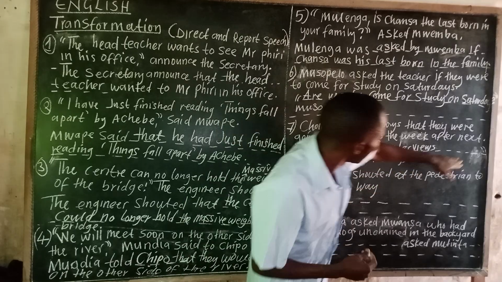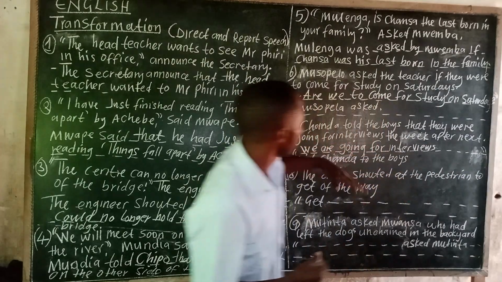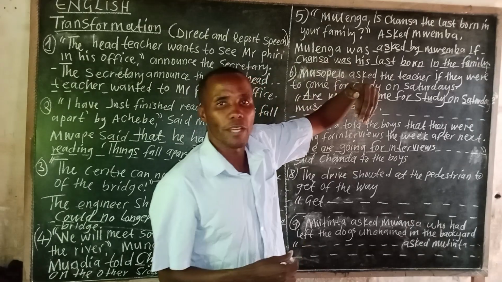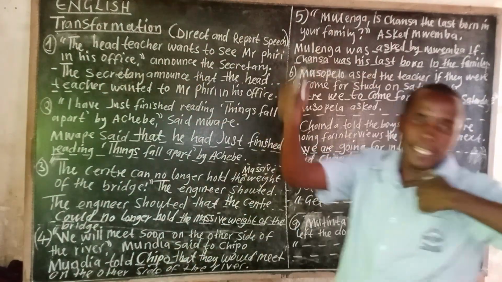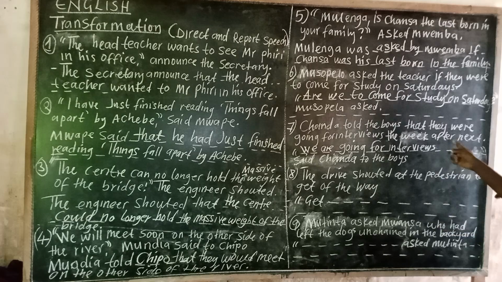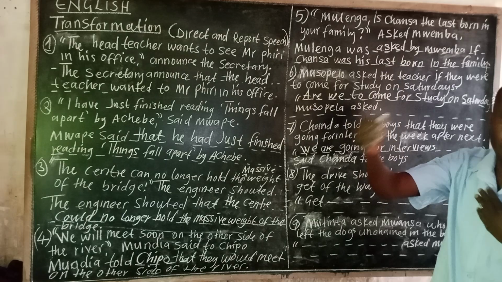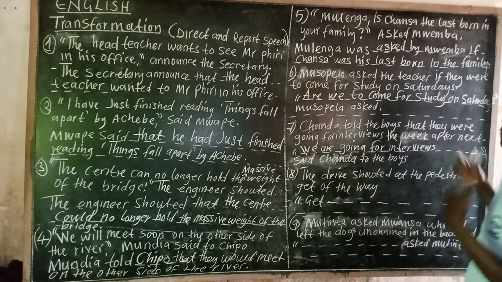Now we can't follow that pattern. Why? Because here we are saying "the week after next". So "next" will still remain the same, the way it is. Unless it was a consecutive one, from that week, the next week, then we can say "following".